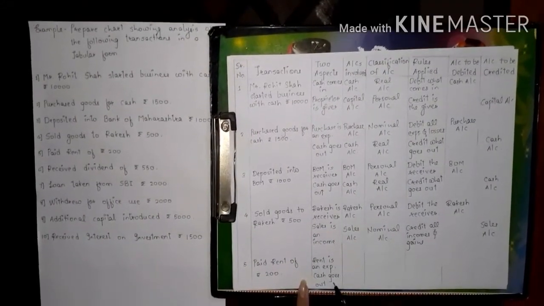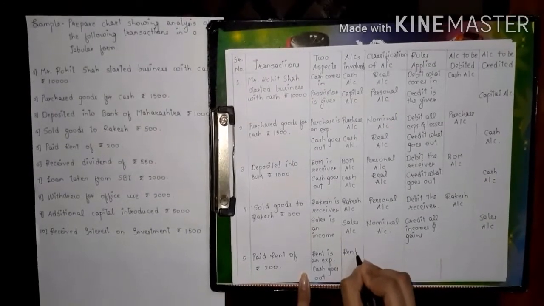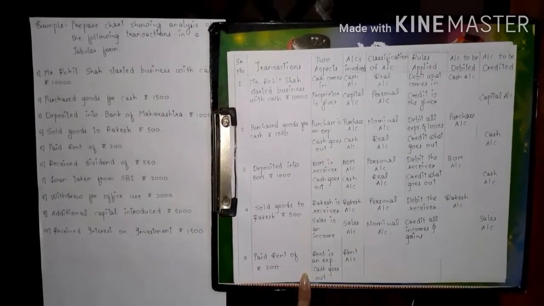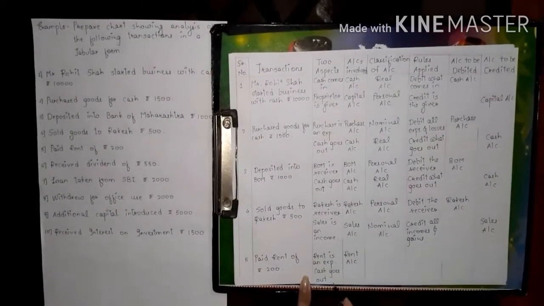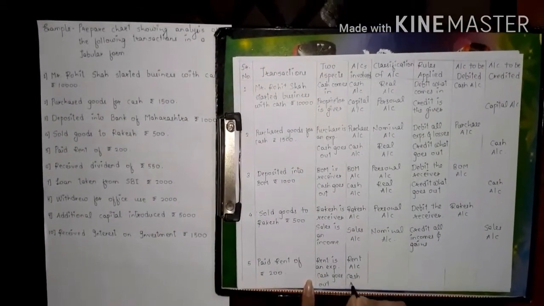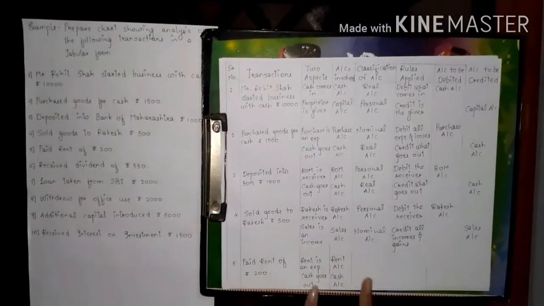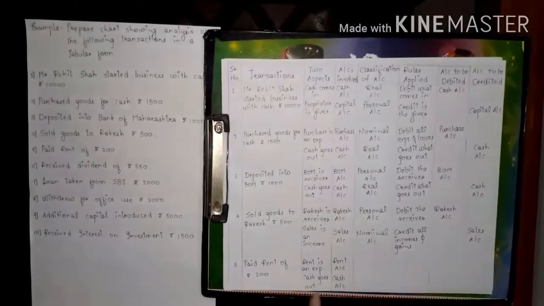Now two accounts are involved in this. First is rent account, because we are paying rent, and we are paying it in the form of cash. So the second account is cash account. Okay. Now classification of account.